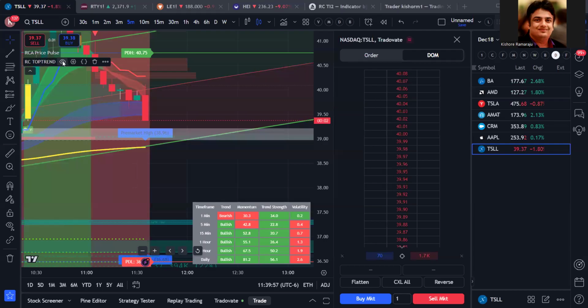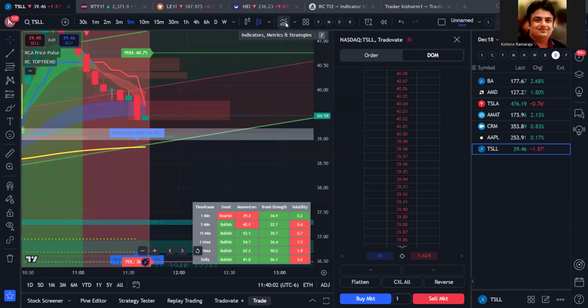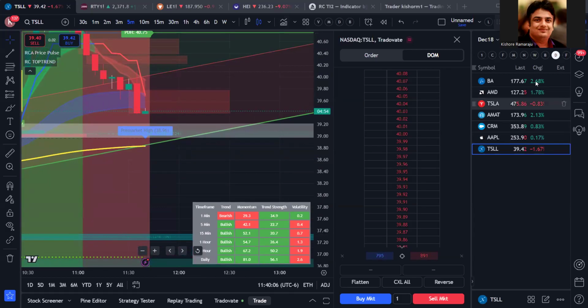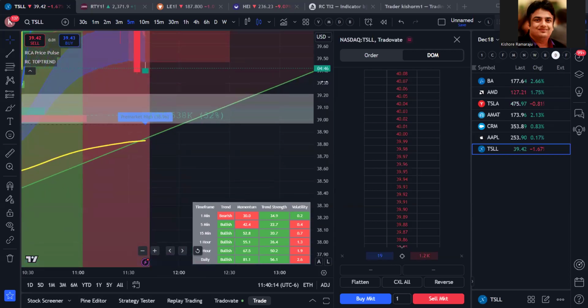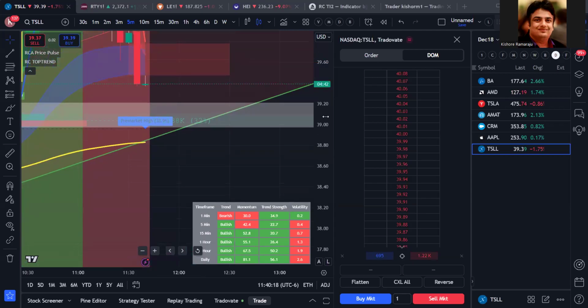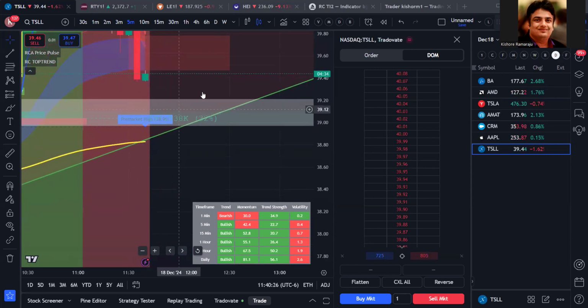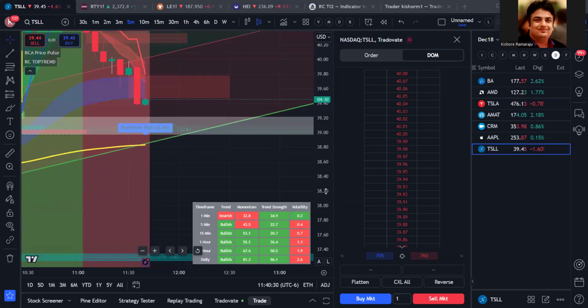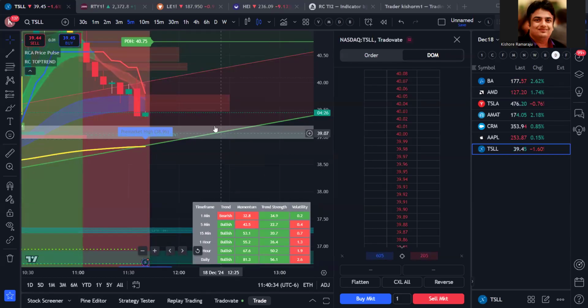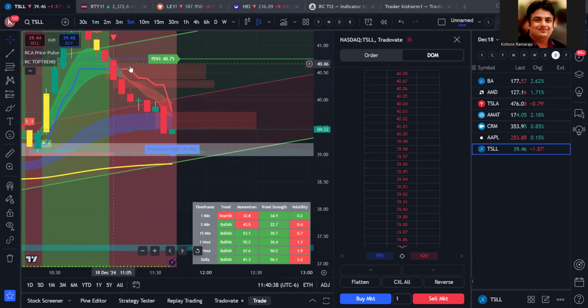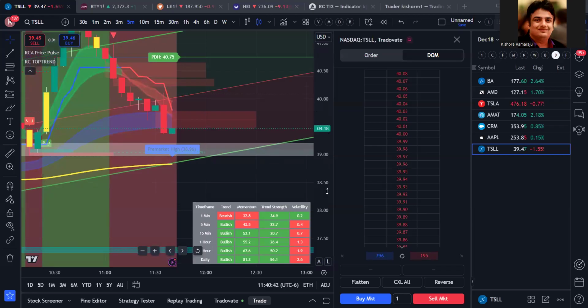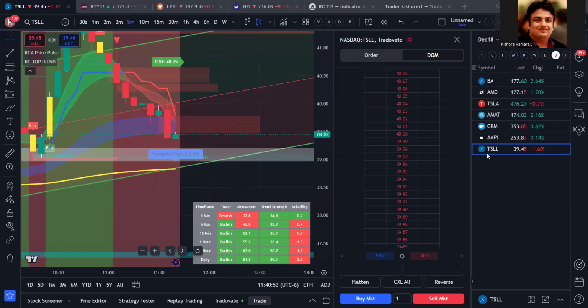The scanners will help you to identify. So always wait for the buy or sell signal.